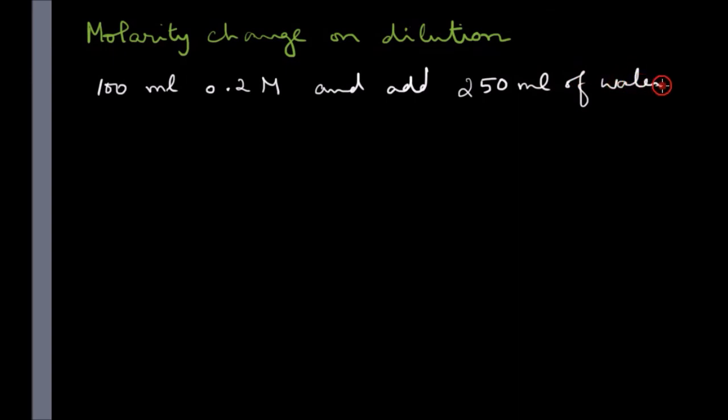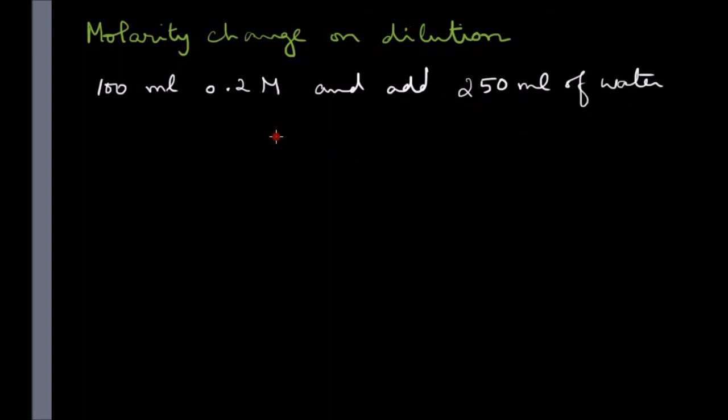It will be the same for a solution of any salt. Anyway, for your better understanding, I take it as a solution of sodium carbonate. I am taking 100 ml of 0.2 molar solution of sodium carbonate and add 250 ml of water to it.